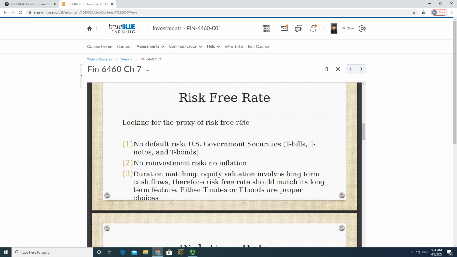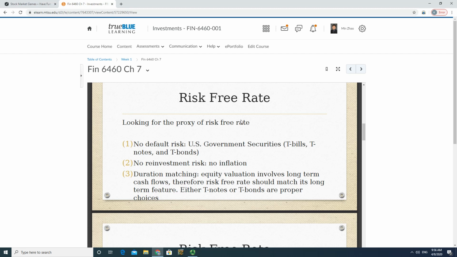And the last one is duration matching. We have 30-day T-bills, 10-year T-notes, and 30-year T-bonds. Which one would be a better proxy for the risk-free rate? When you look at the duration matching principle, you would say, hey, we need a long-term rate, like T-bonds, because equity valuation involves long-term cash flows.